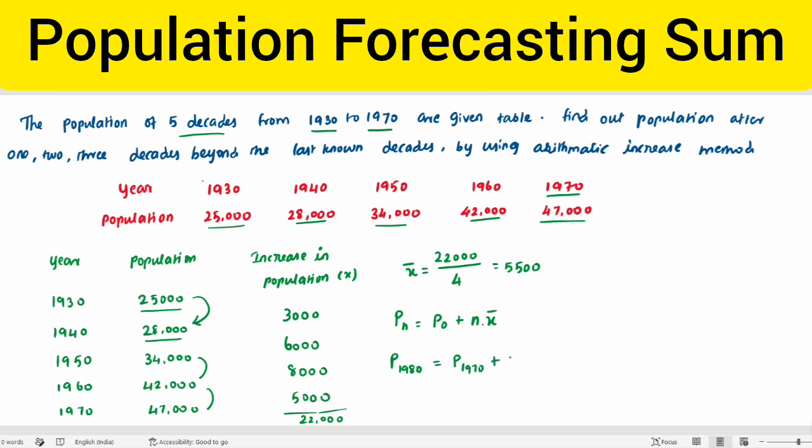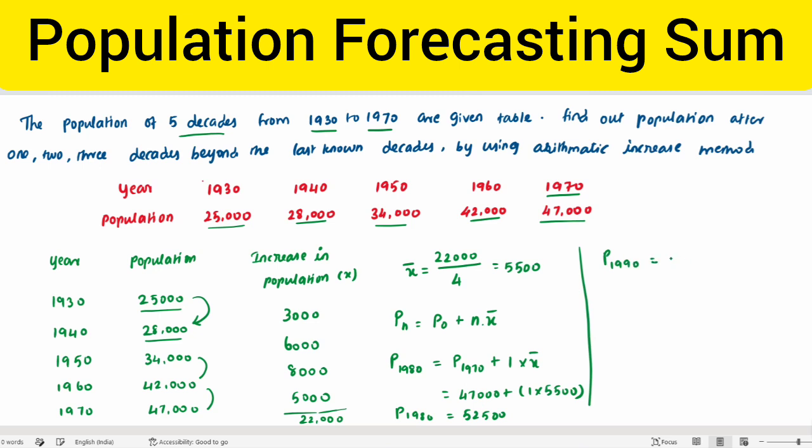The n value is 1, for the next 1 decade, so 1 into x bar. So 47,000 plus 1 into 5,500. Now the population at 1980 will be 52,500.